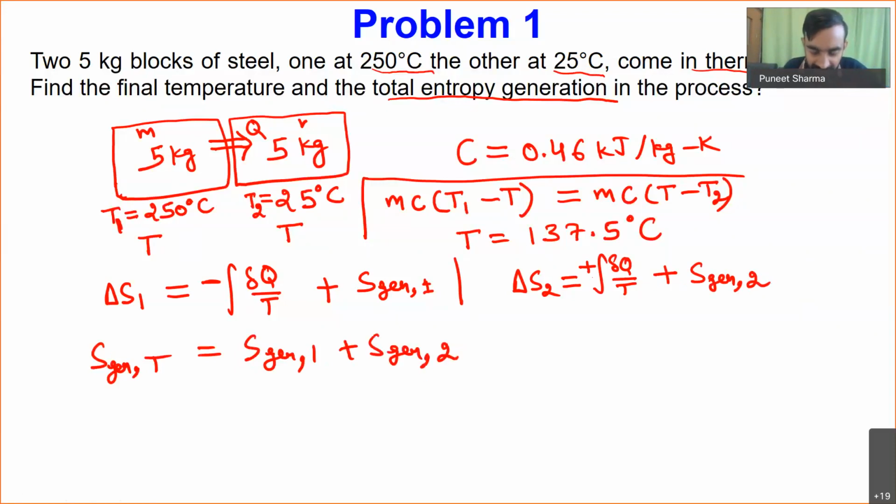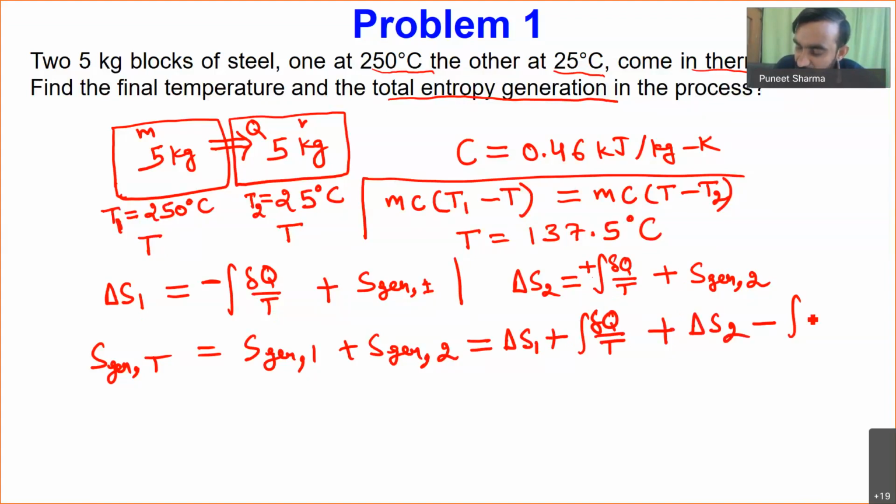Now you can see S generation 1 will be equal to delta S1 plus del Q by T, and S generation 2 will be delta S2 minus del Q by T. So now del Q by T will cancel out, and finally I will have S generation total as nothing but equal to delta S1 plus delta S2.